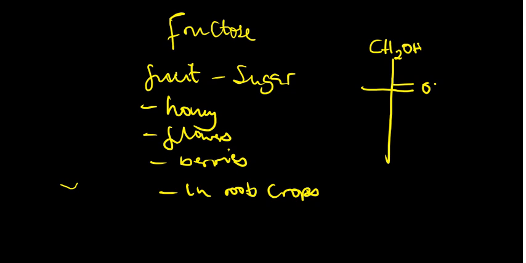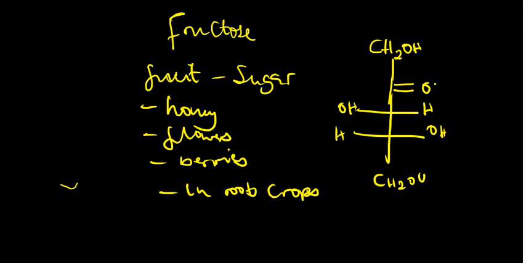Sorry, let me just erase this part. Alright, so we have this bond that is happening right here. You notice that this is a ketone group. So fructose has a ketone instead of an aldehyde.